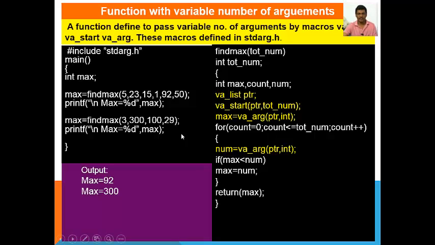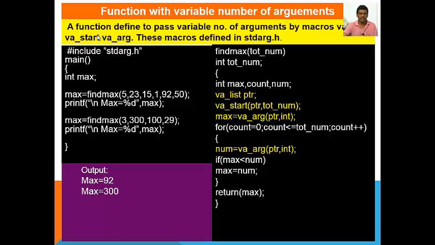In previous sessions, we called functions with a fixed number of arguments only. First we define it to receive 3 arguments, and at the time of calling we pass 3 values, so we cannot change that number of arguments. But by using 3 macros, which we will discuss in the next session, we can. So va_list, va_start, va_arg are the macros.